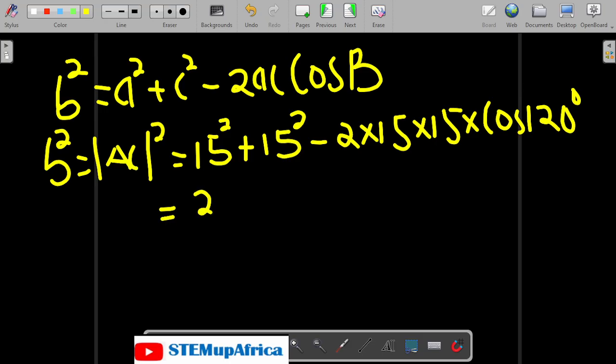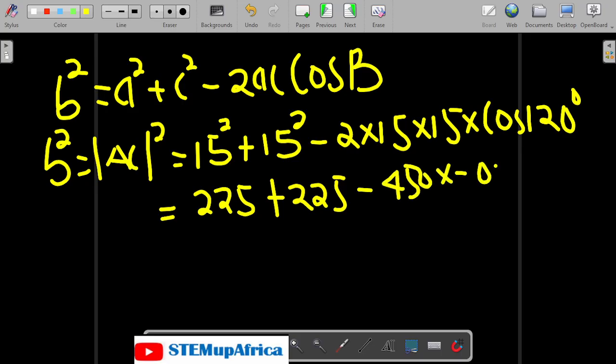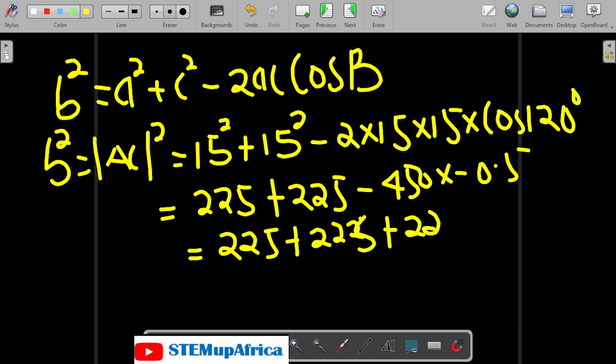So 15 squared, to be sure, let me press it, 15 squared, that is 225, plus another 225, minus, we are having 225 times 2, that is 450, times minus 0.5. So I'm having 225 plus 225, plus another 225.